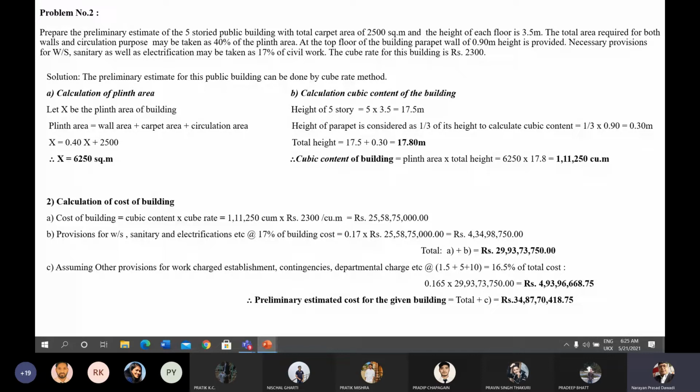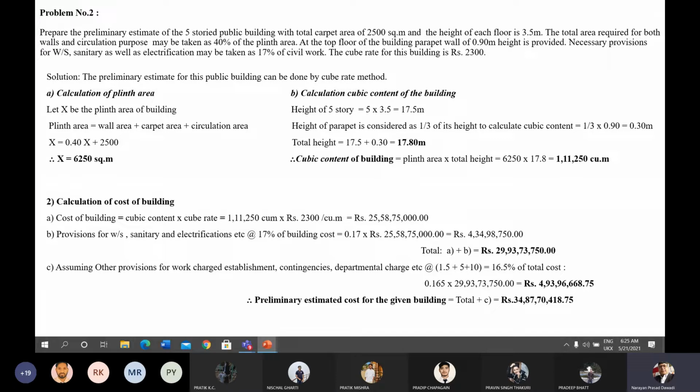As I have already told you, first of all look at the rate, in which unit the rate is provided, according to which we choose the type of method of preliminary estimate to solve the problem. Now, the preliminary estimate for this public building can be done by the cube rate method.